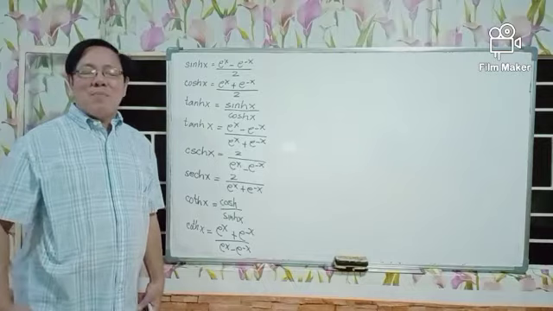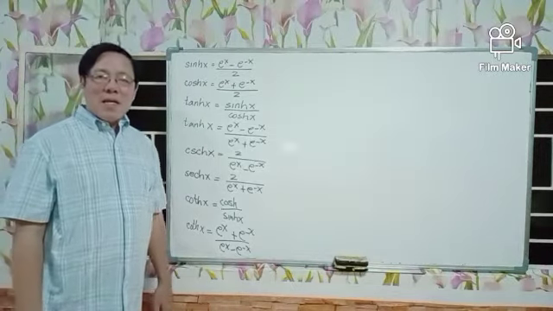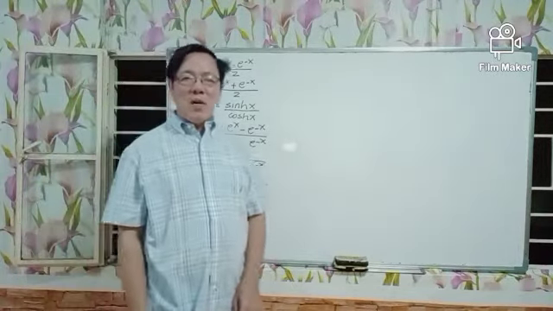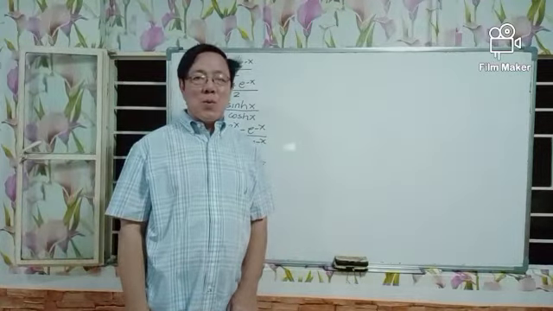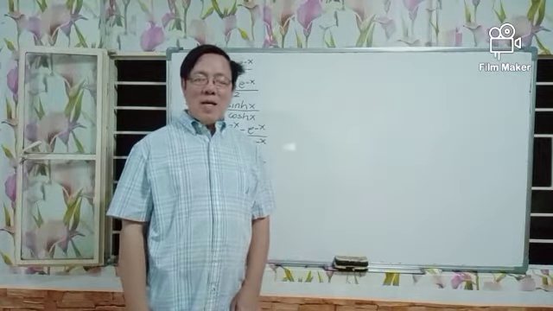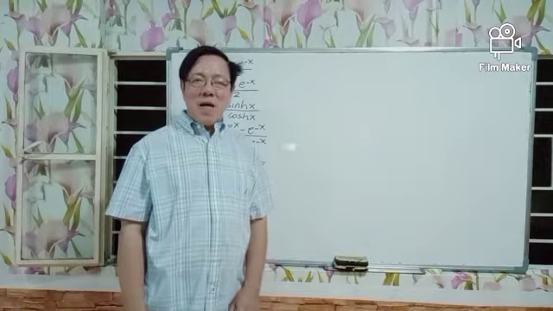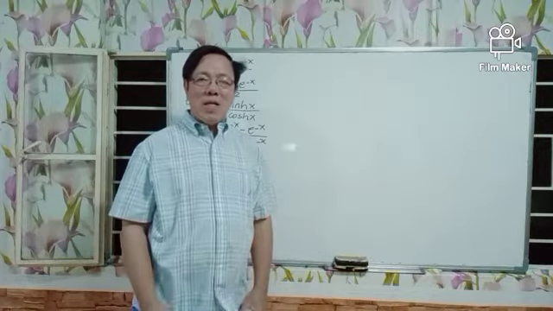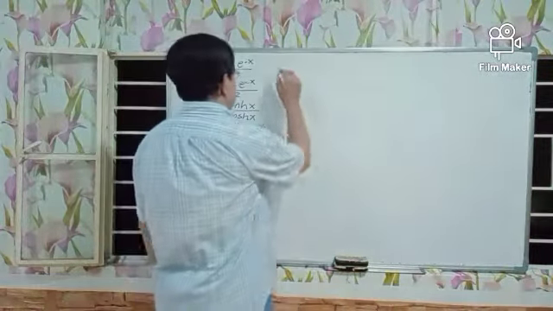Now we write the basic identities involving hyperbolic functions. The first is the difference of the square of hyperbolic cosine and the square of hyperbolic sine is equal to 1.